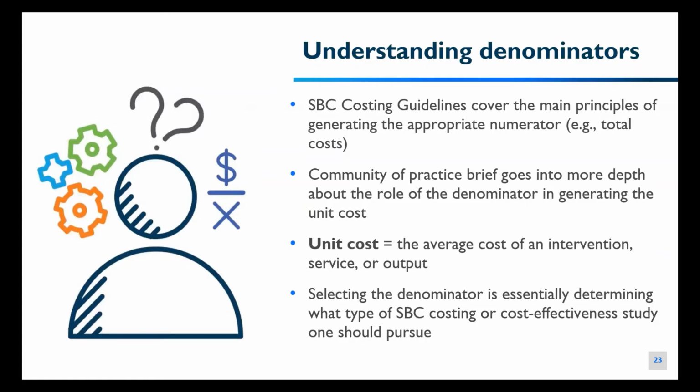The guidelines also address selecting the appropriate denominator, but the brief that we're discussing today goes into more detail about the role of the denominator in generating the unit cost, which is the average cost of an intervention, service, or output. The reason we focus on denominators in the brief is because the selection essentially determines what type of SBC costing or cost effectiveness study one should pursue.